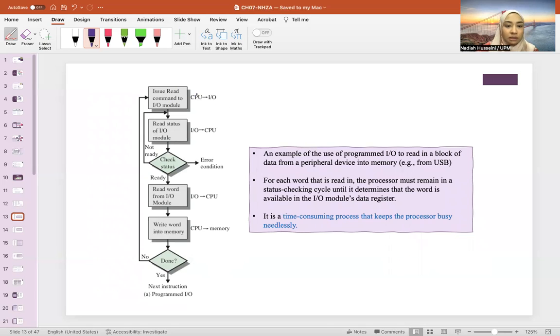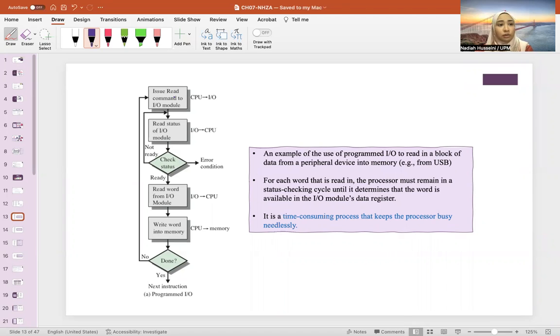The IO module reads the status first, and then checks status. If the IO module is ready, then it goes to the process of reading. If it is not ready, it goes back over here, and the IO module will report back on the status again.